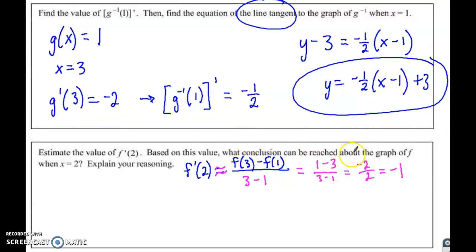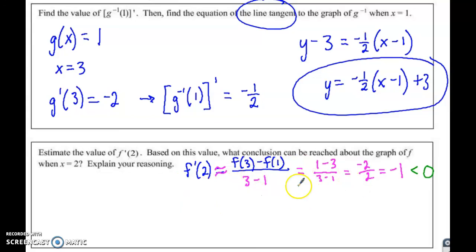So based on this, what conclusion can be reached about the function is at least at some point that it's decreasing. I don't know what else they'd be asking for right here. So let me just change colors. How I'm interpreting this question is because we're estimating a value less than 0, I would at least say there's strong evidence. I wouldn't guarantee that is.